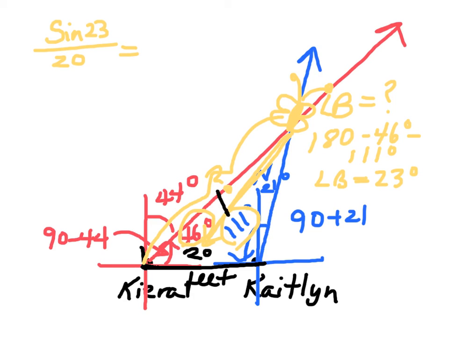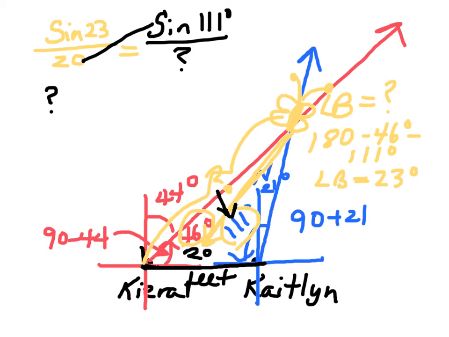And so to do that, I'm going to go from that side to the angle opposite, which is 111 degrees. So now I'm going to do sine of 111 degrees divided by my question mark, which is the length from Kiera to my butterfly. So my question mark is going to equal, I'm going to cross multiply my proportion, so 20 times sine of 111 degrees divided by the sine of 23 degrees will give me my answer.